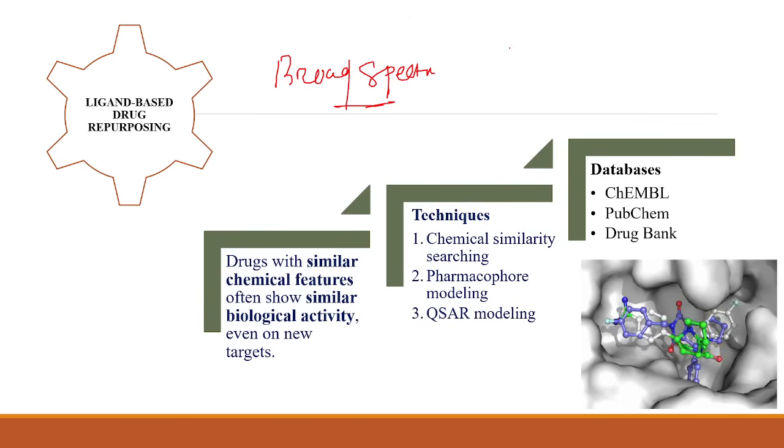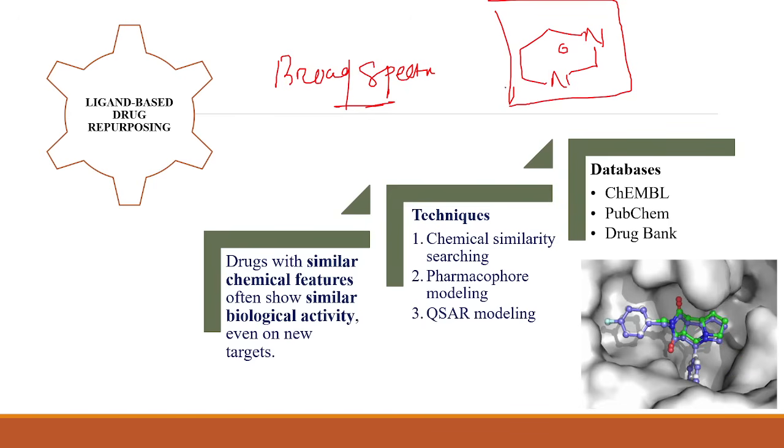As I have shown you, the pyrimidine moiety has various activities, like antimicrobial and antioxidant. So if I consider the pyrimidine moiety and start to repurpose this drug, it can have numerous activities.